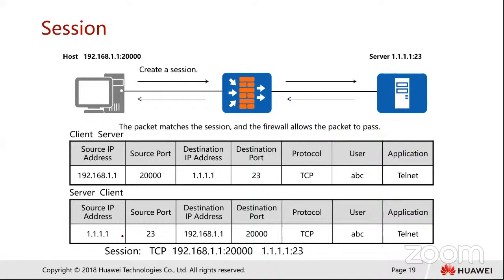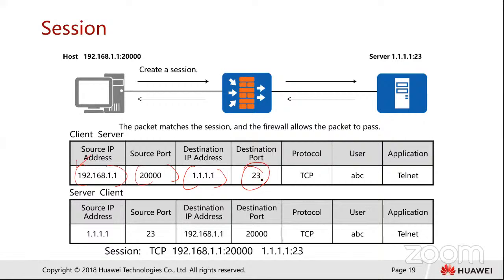So this is how the session looks, and if the packet matches the session, then the firewall allows the packet to pass. So our session table will have something like this. It will have the source IP address containing the IP address of where that packet is coming from, the source port, and the destination IP address, and then the port number.